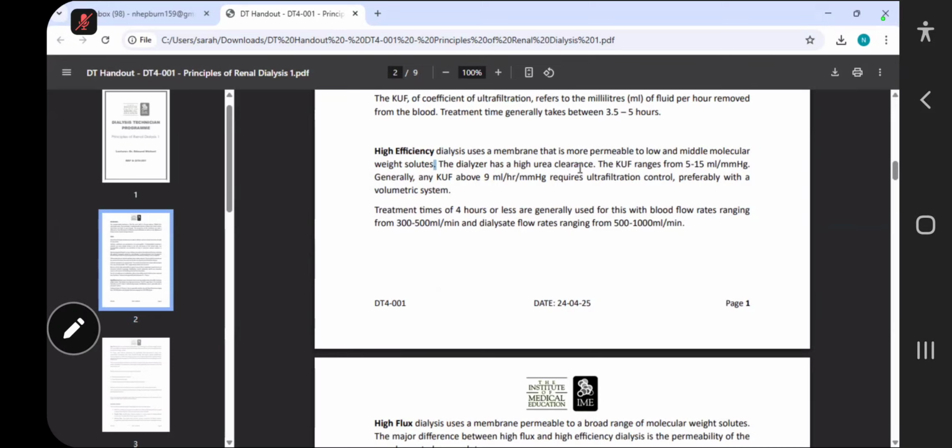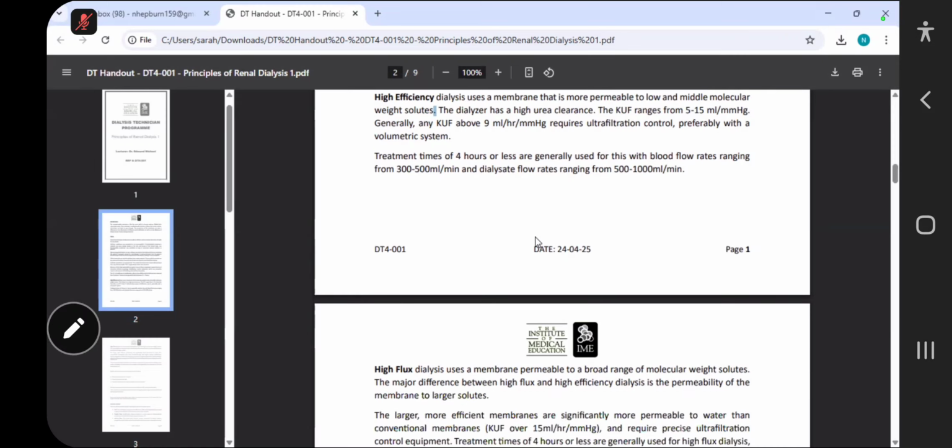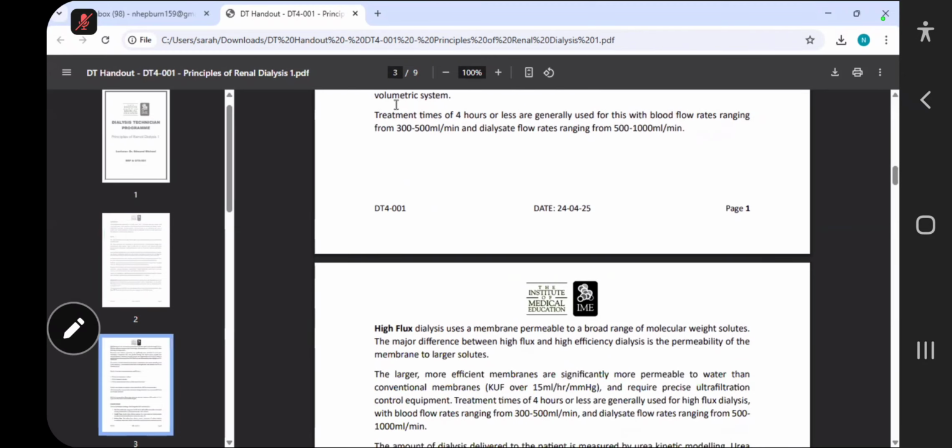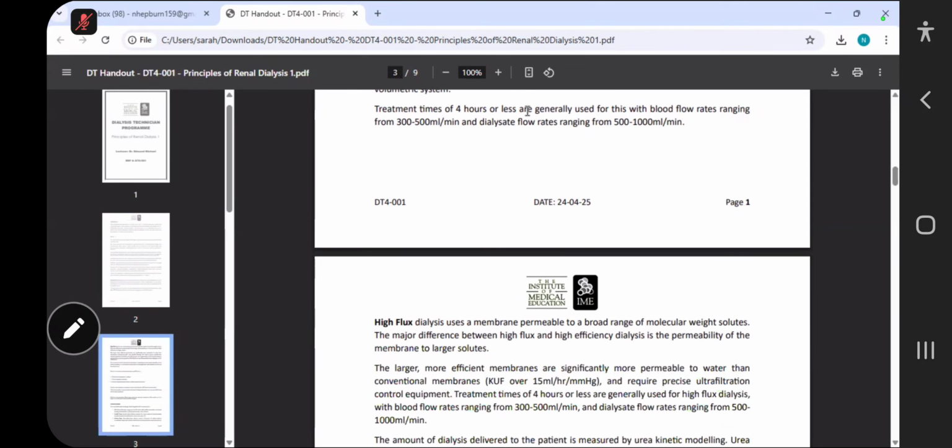The dialyzer has a high urea clearance. You can even add in that treatment times of 4 hours or less are generally used for this, with blood flow rates ranging from 300 to 500 ml per minute, and dialysate flow rates ranging from 500 to 1000 ml per minute.